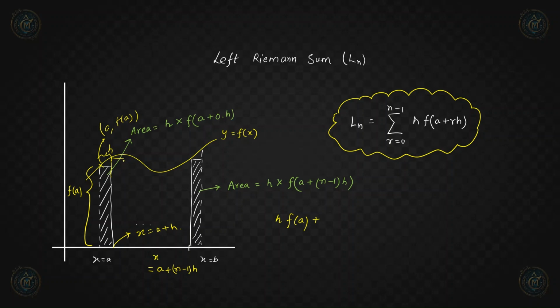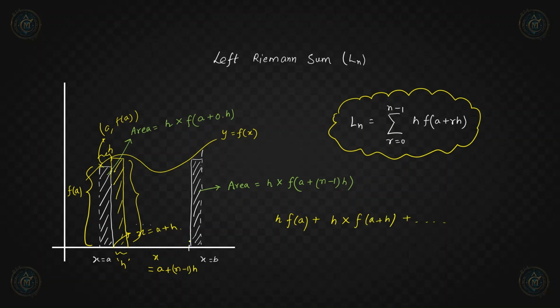Then we construct another rectangle of breadth h. So the area of this second rectangle will be simply h times the functional value at this point. This height will be the functional value at x equal to a plus h. So this will be f(a plus h), right?